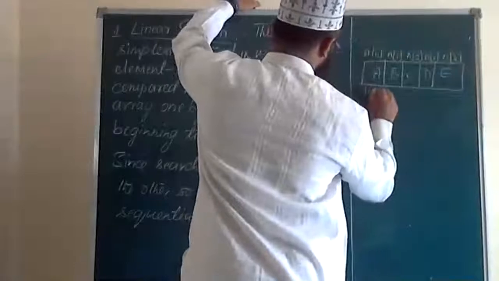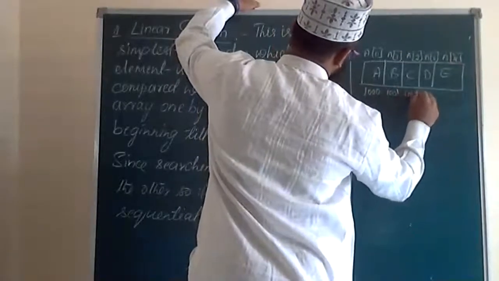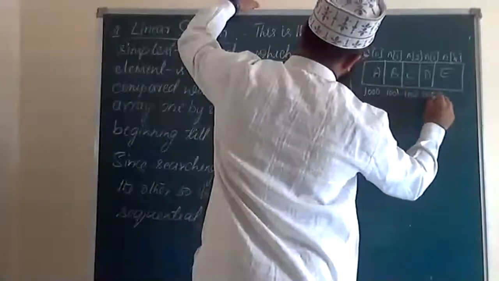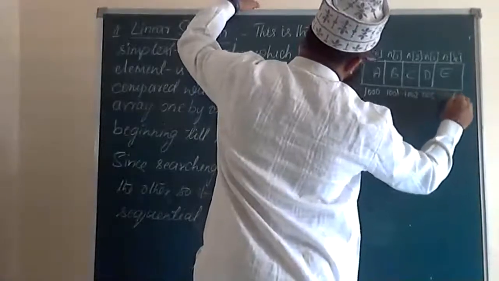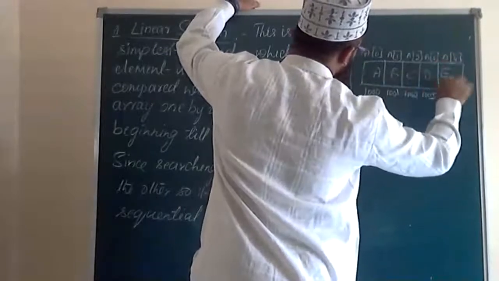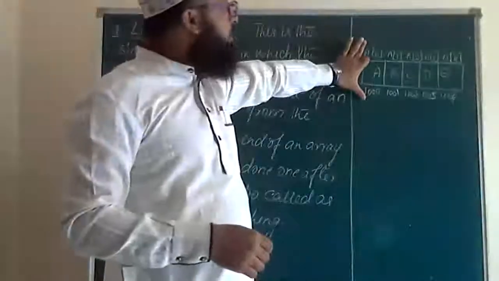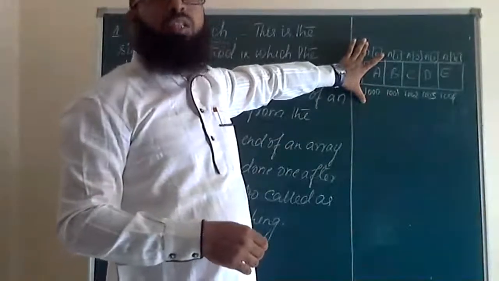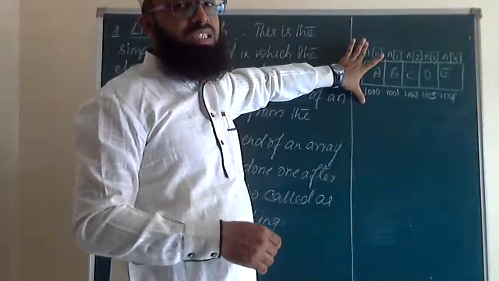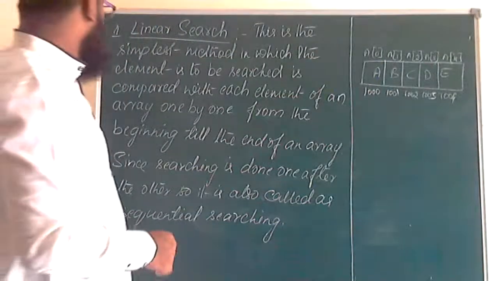The addresses may be 1000, 1001, 1002, 1003, and 1004. We will try to apply the linear search to this one-dimensional array, that is, linear array.